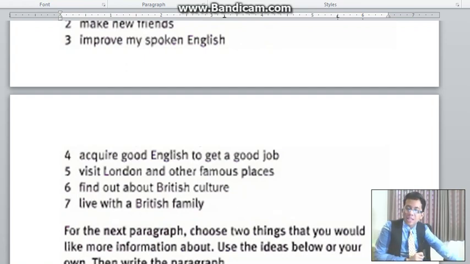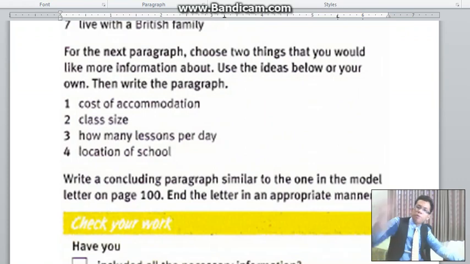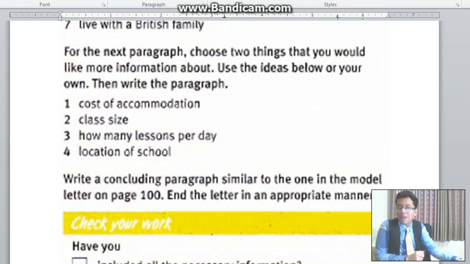So the next paragraph is the fourth paragraph. Choose 2 things that you would like to know more information about. Use the ideas below or your own. Then write the paragraph. So if we want to ask them about something, the paragraph is about questions.